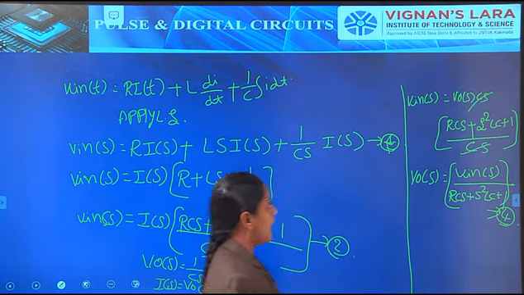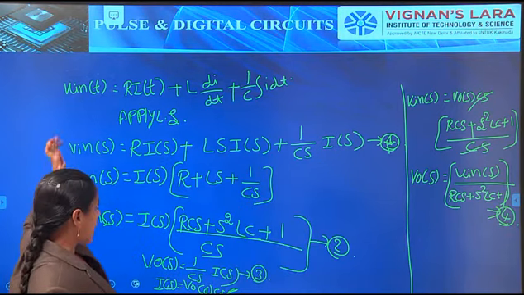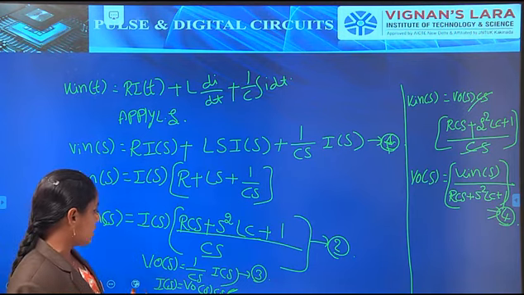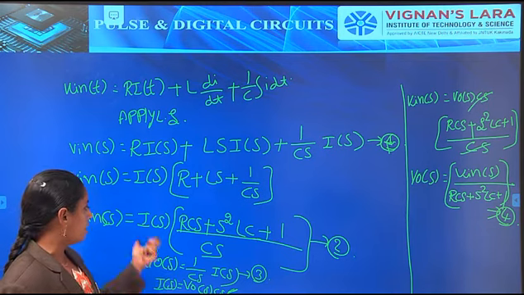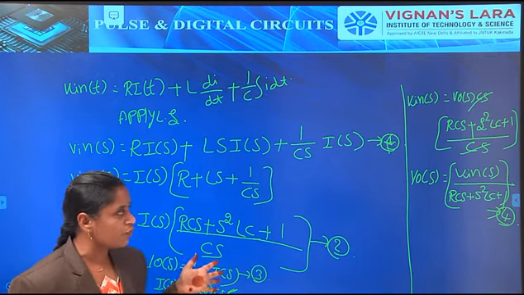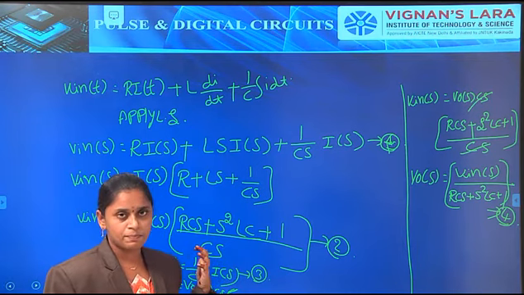So up to this we have solved the equations by applying KVL, and then we apply the Laplace transform to this equation. Then we get the V naught of S value by substituting the I of S value. Finally V naught of S is equal to V naught of S by RCS plus S square LC plus 1.